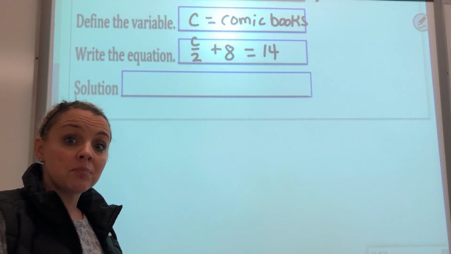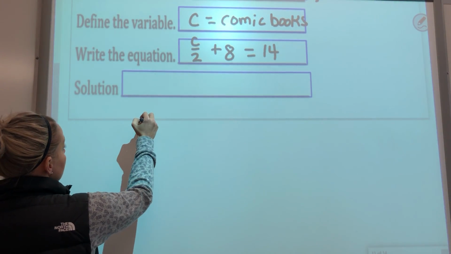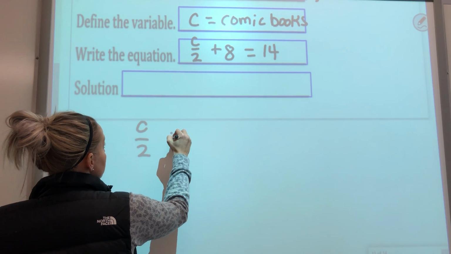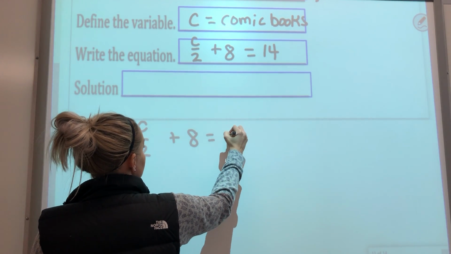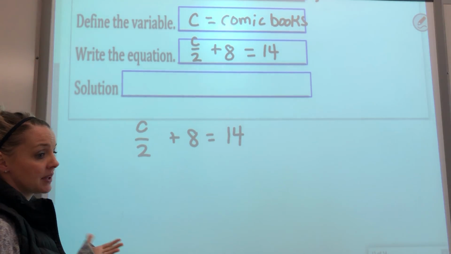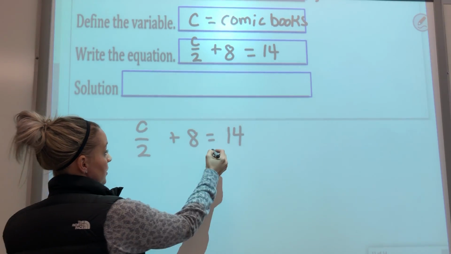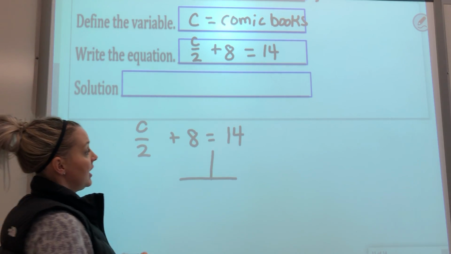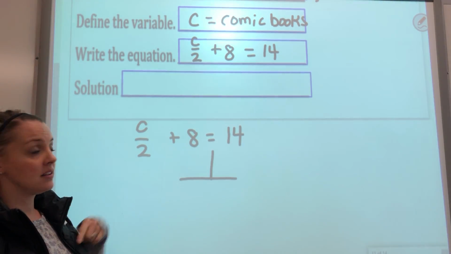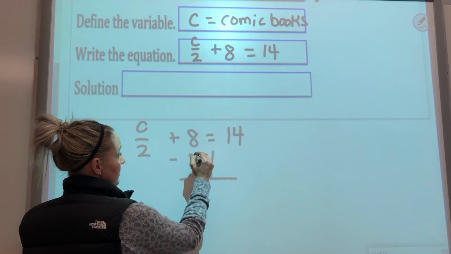So thank you for pausing your video. We're going to do C divided by 2 plus 8 equals 14. So again, add or subtract before we multiply or divide. So we're going to draw our upside down T. 8 is being added, so we need to subtract it.